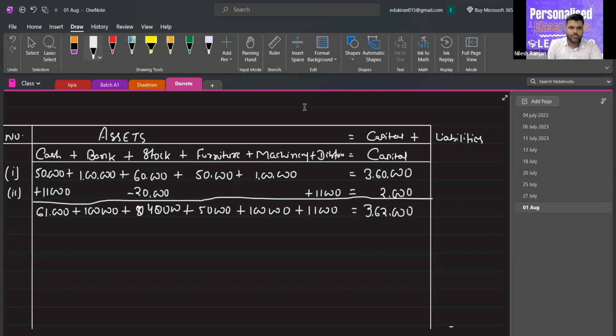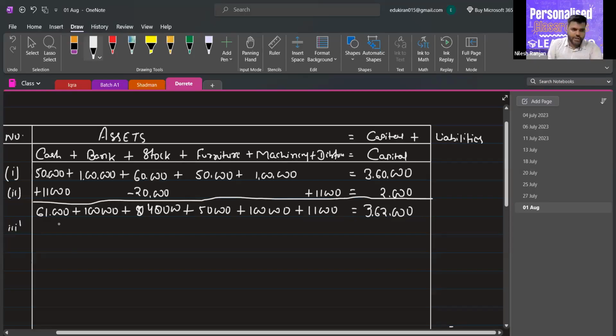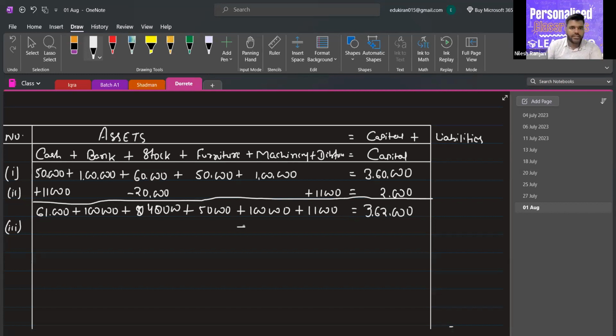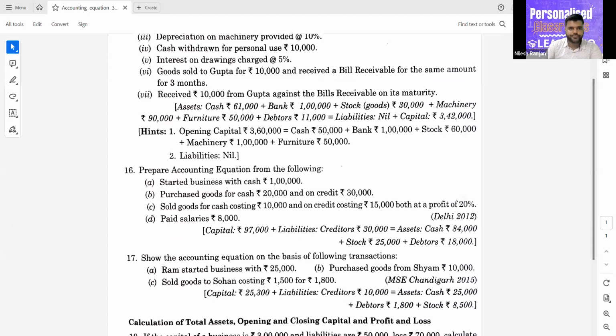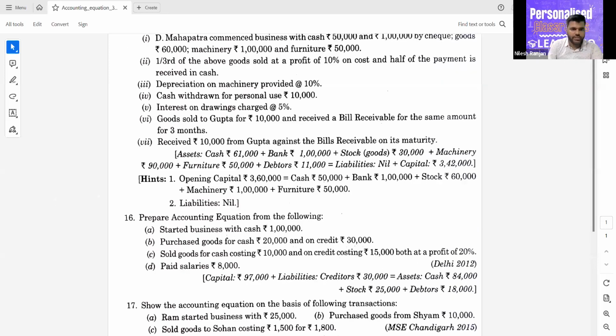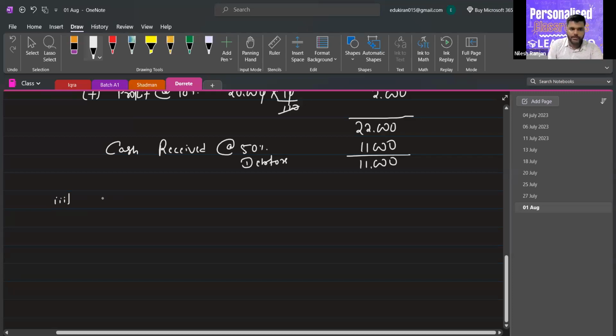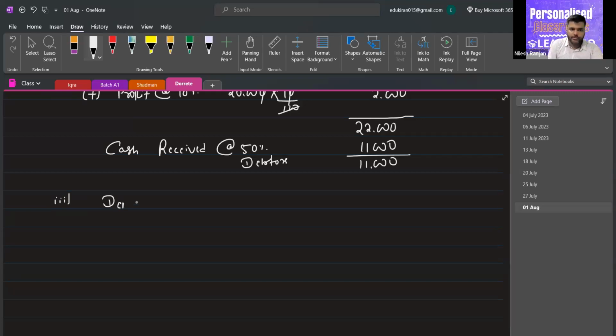Okay. The transaction number 3rd. Depreciation on machinery provided at the rate 10%. So whenever we charge depreciation, machinery will be deducted by that amount at the rate 10%. So we have to calculate this also. Transaction number 3rd, depreciation. Machinery value is 1 lakh.